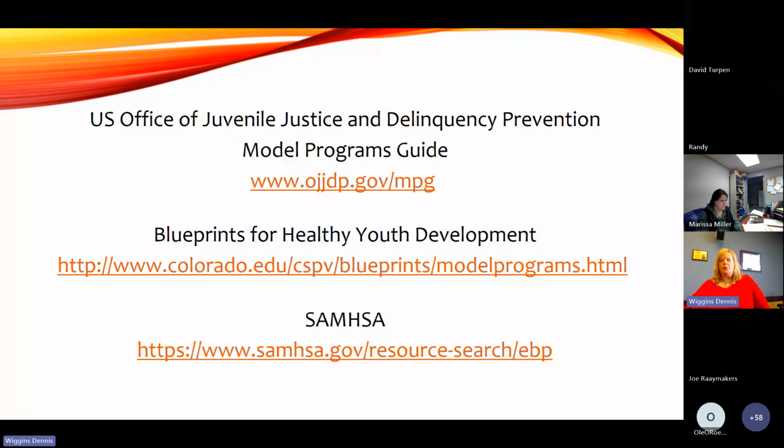So if you're going to make a grant proposal, it would be good to select something from this sort of list. It's not that the homegrown programs can't be successful, but when you're doing a grant application, your chances of being successful increase if you can say, this is already proven, this is something that works. And these are places that you can find lists of those kinds of services.